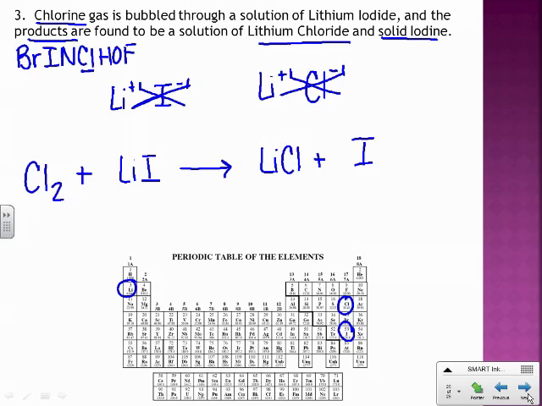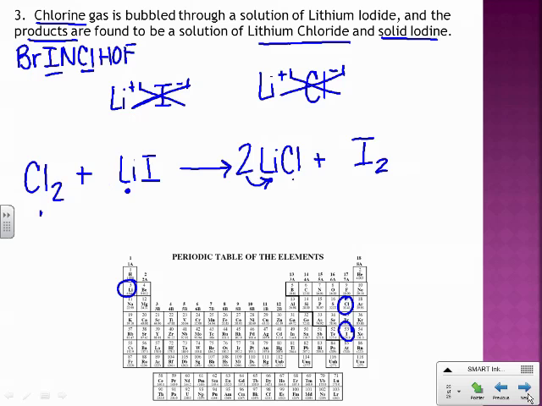I need to double check with Brinkelhoff since it is alone. I stands for iodine, so I need to put a 2 here. So go ahead and now start balancing. If I have 2 chlorines on the left side, I need to put a 2 here and make 2 chlorines on the right side. Now I have 1 lithium on this left side, but I have 2 because of this coefficient on the right side.